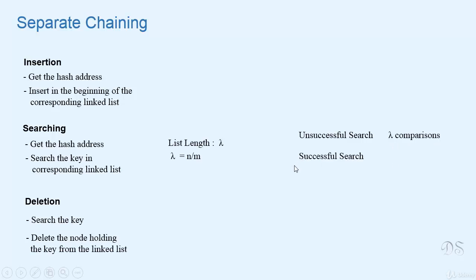For successful searches, we go about half the way down some list. So on average, the number of comparisons in a successful search is this. So we can say that the runtime complexity of separate chaining is this, where lambda is the load factor. The worst case is when all the keys hash to the same chain. And in this case, the search time becomes order of n.